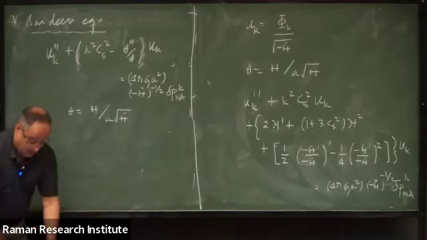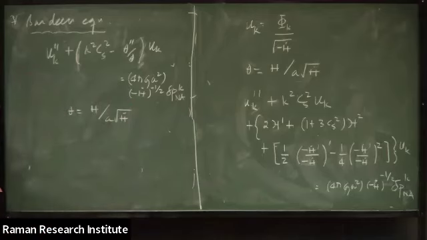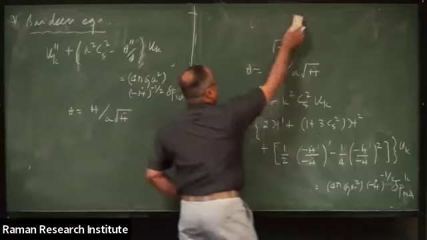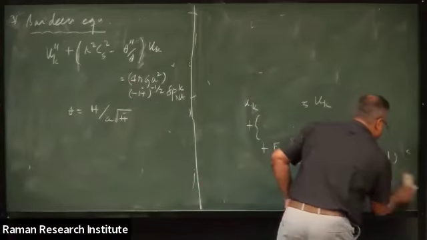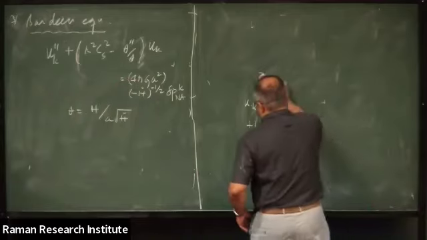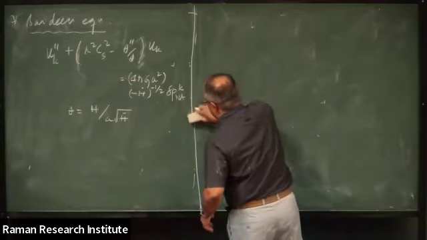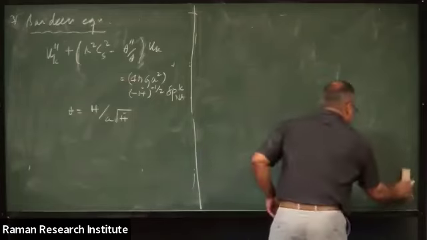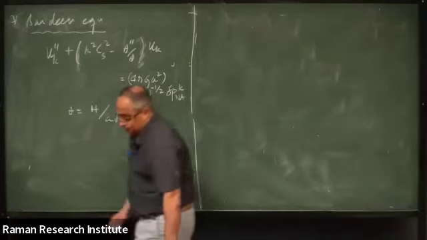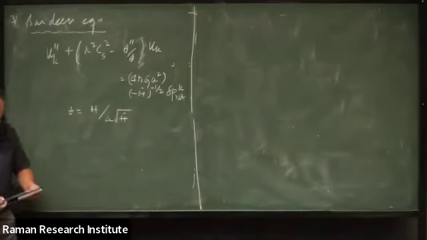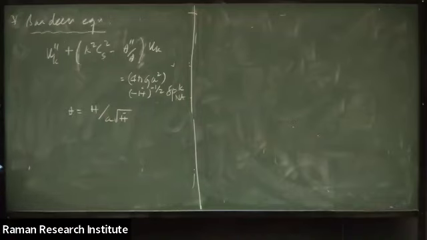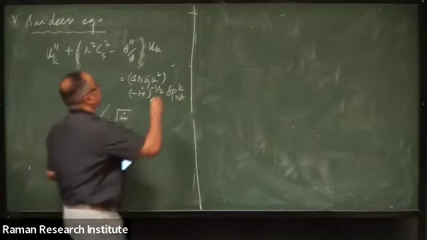Now, what we are going to do is as follows. We are going to obtain what are known as super Hubble solutions.